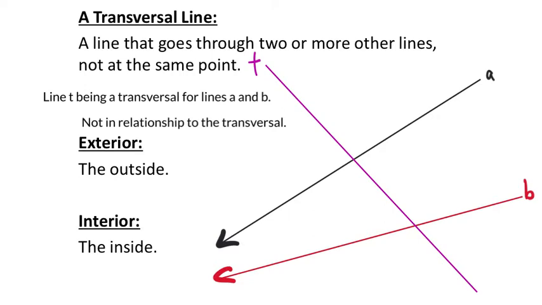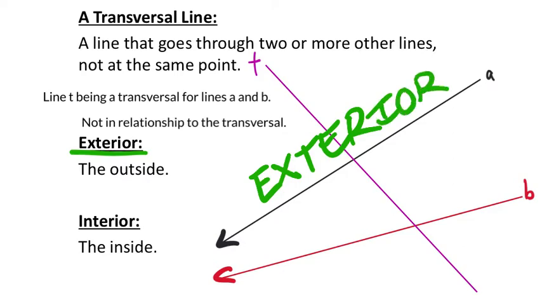Which means that if I was looking at exterior, I would be looking at the outside of lines A and B, okay? So I kind of look at it like a sandwich, and that's not just because I'm a fat guy, it's just because I like sandwiches, okay? But exterior would be the outside. So this area here would be considered exterior. And this one here also, exterior.